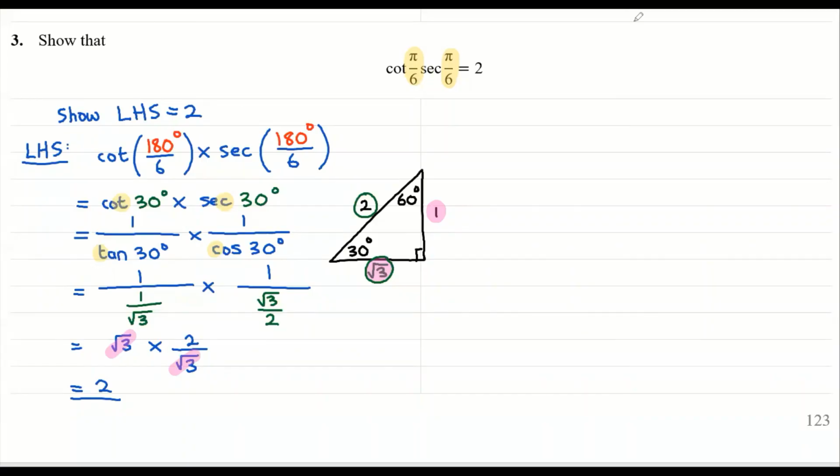Now, there is an alternative approach to this, which you may have considered, and it sort of brings in another interesting identity, or an interesting result, a corollary result, if you like. So an alternative approach would be this. Now, let's consider what the cotangent actually is.